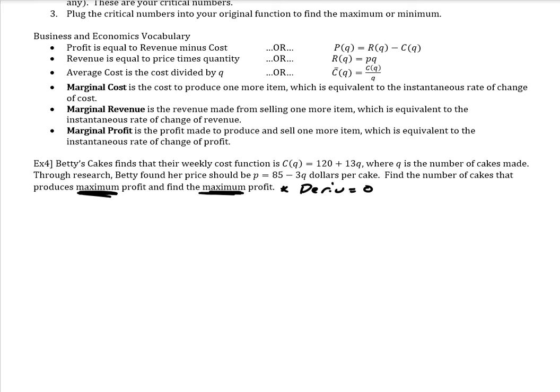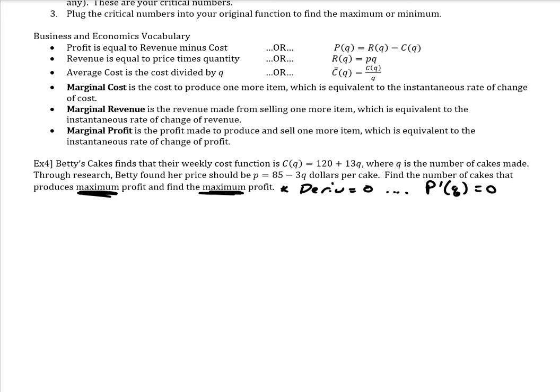They talk about profit, and they gave us cost and a price. That means we need to use the information above to set up the profit function. We want to set the derivative equal to 0, but we want to make sure we're setting the right function. Eventually, we need the derivative of our profit function set equal to 0. So that's what we want to do here.